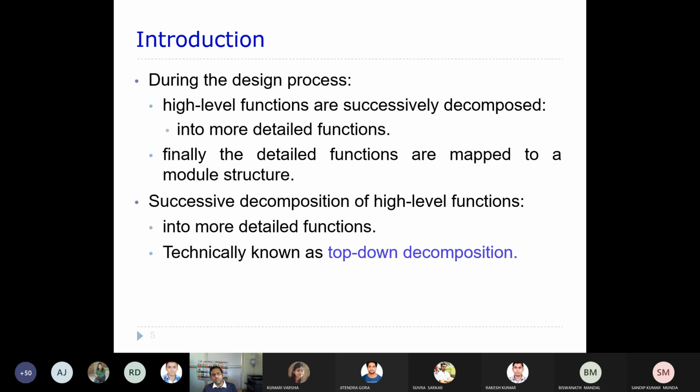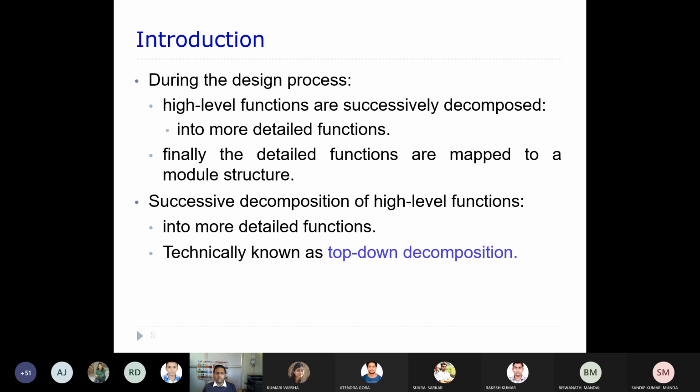During the design process, whatever high level functions we have identified as part of the SRS document, we successively try to decompose them into very fine levels, into more detailed functions.